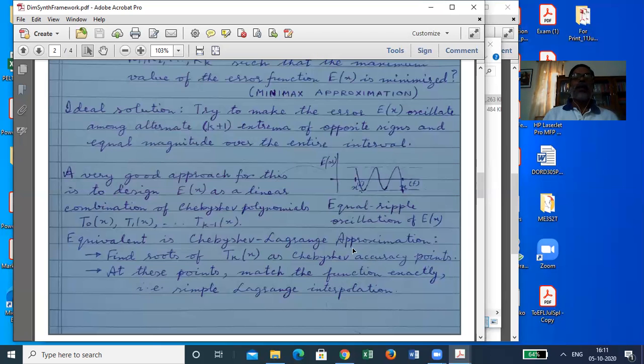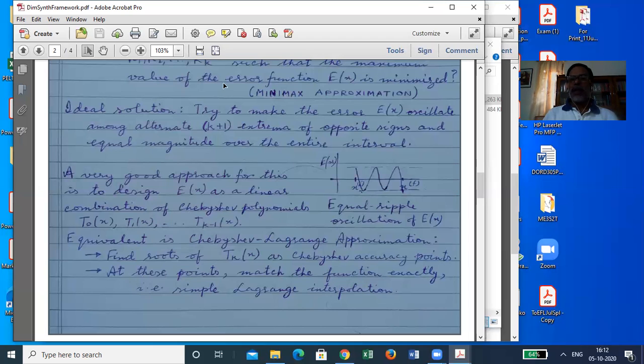So in order to get this polynomial function, you can do simply the ordinary Lagrange interpolation of function values at those x values. At these points, match the function exactly, error 0, and then through these points simply do an ordinary Lagrange interpolation that will give you exactly this.